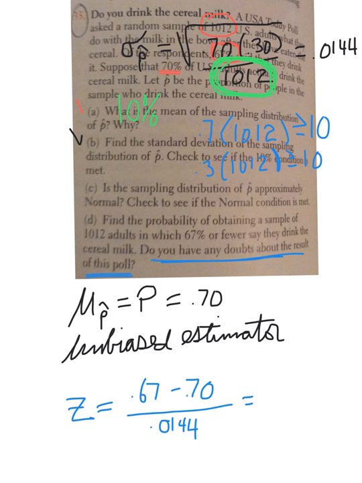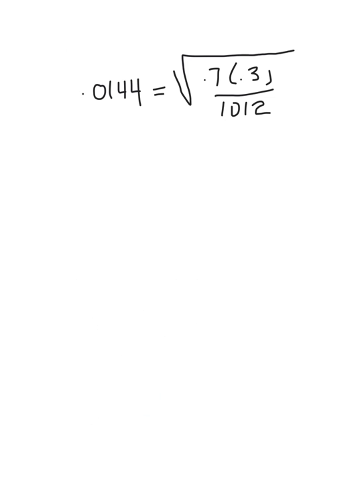Okay, let's do the next one. So number 37 is saying, how could we get this standard deviation to be half as big? Well, to decrease the standard deviation, we have to increase the number in our sample.